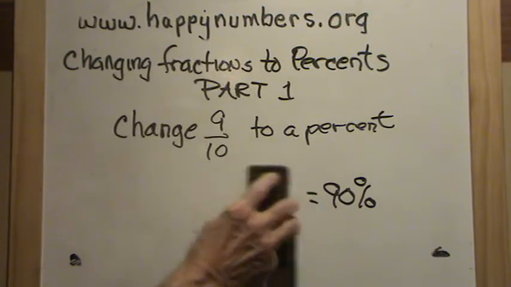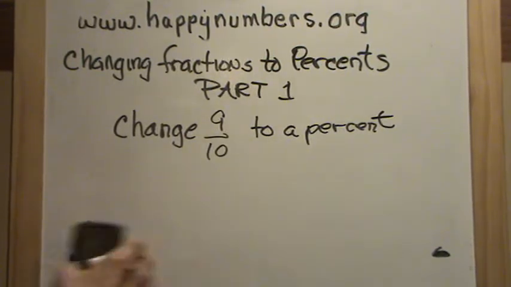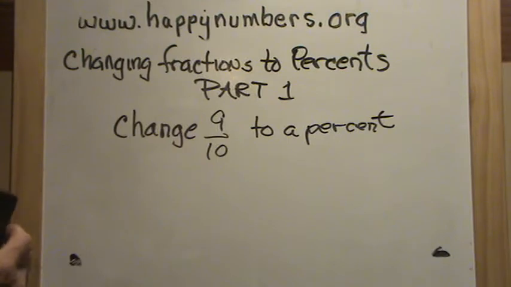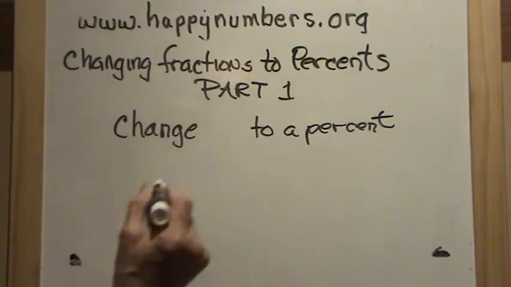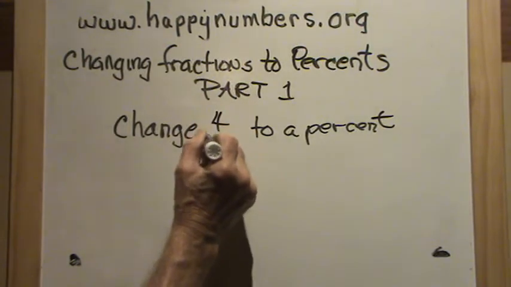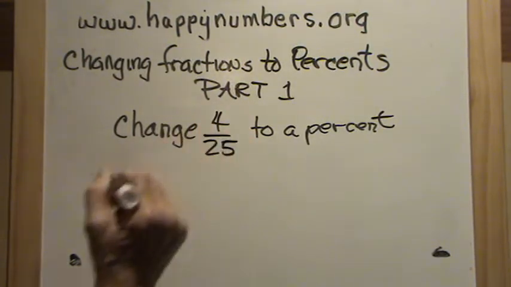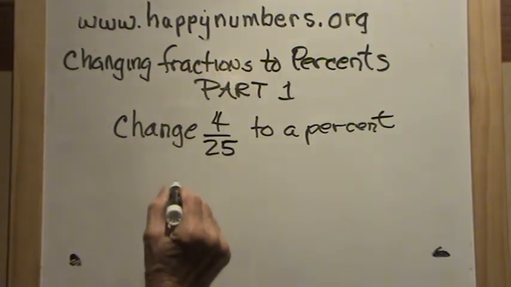Again, this method works best when the denominator of the fraction goes evenly into 100. Let me give you one more example. Let's take 4/25. Let's change that to a percent.